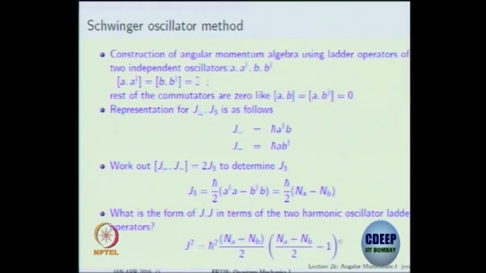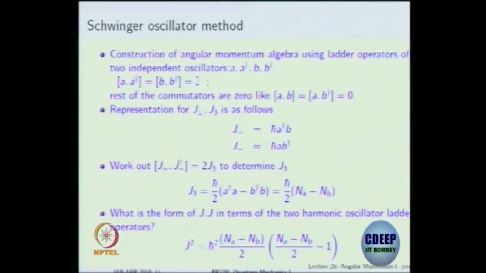Finally, it can be neatly written as half the sum of the number operators, multiplied with half the sum of the number operators plus 1. Please verify this, and you need to use those properties which I gave you. Don't write blindly Jx squared plus Jy squared as J plus J minus, you will not get anywhere. You have to write the symmetric combination divided by 2.